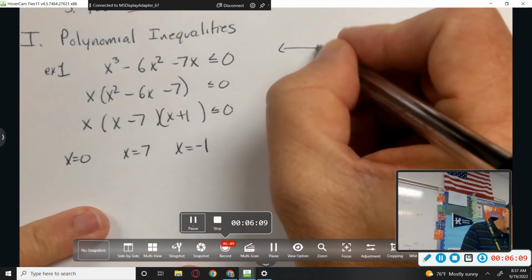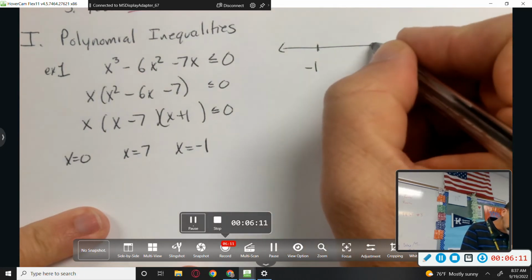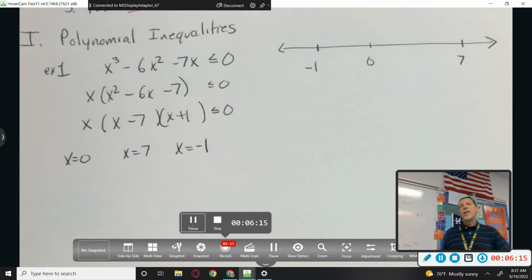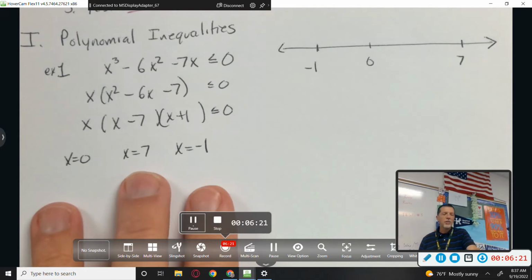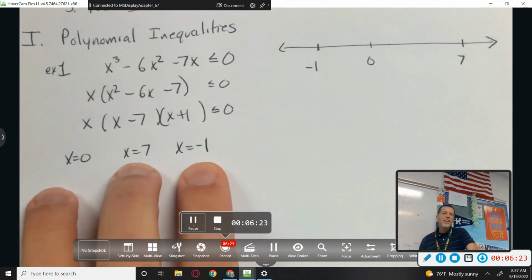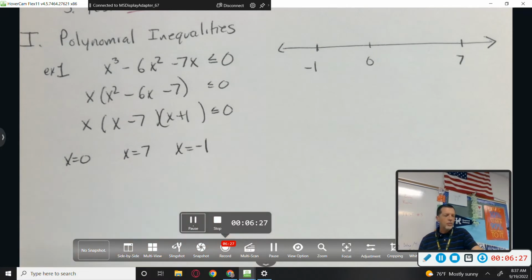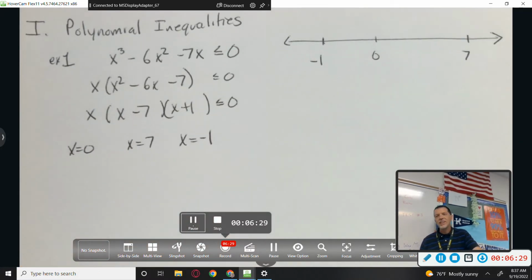So -1 is the smallest, and then 0, and then 7. A lot of times what happens is they'll put their number line underneath their zeros, and they'll put their zeros on exactly the order they found them. So they'll just put 0, 7, -1. Come on, pay attention.